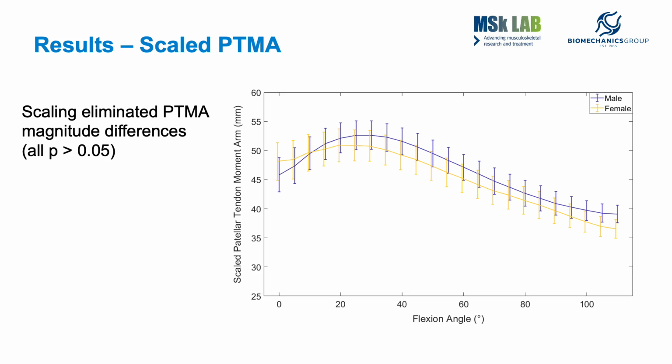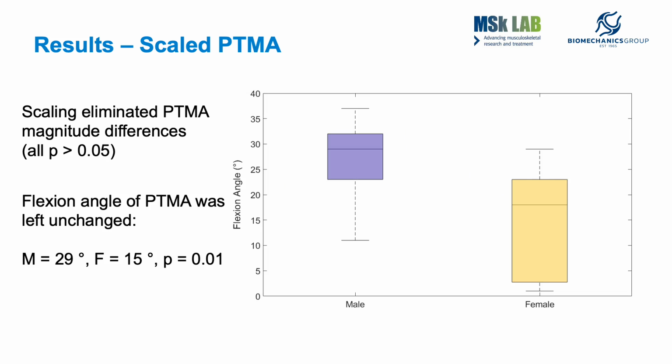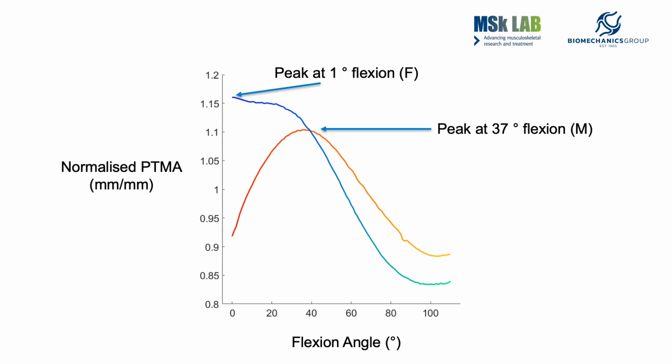We examined where the PTMA peaked in extension, which was inherently unaffected by scaling. Peak PTMA occurred 14 degrees closer to extension in female knees, with extremes at 1 and 37 degrees of flexion. These two extremes are shown here after size normalization, demonstrating the large variation possible between two PTMA trajectories.